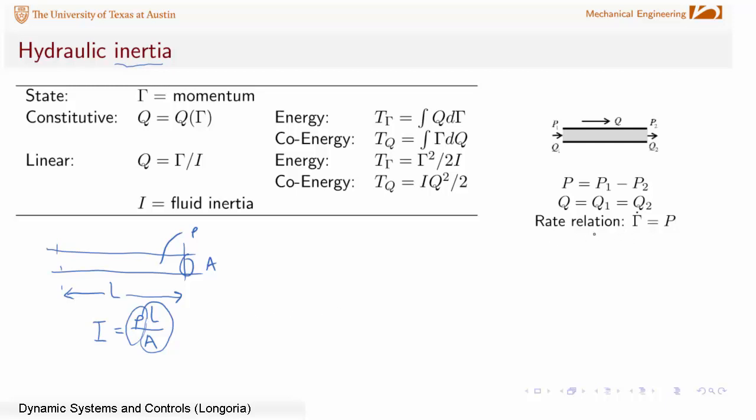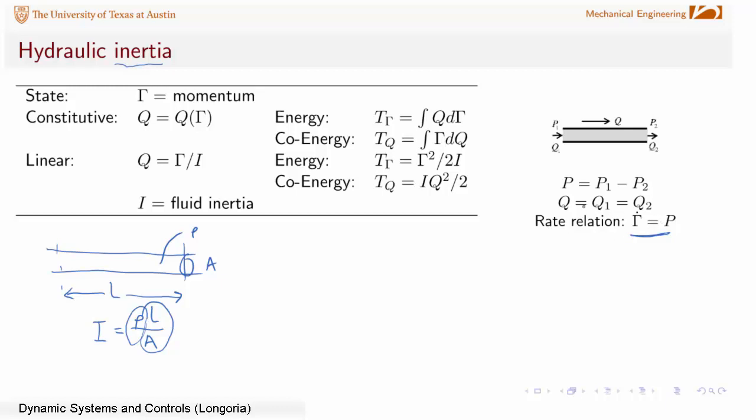The dynamic relation here, as you can see, is that the rate of change of this gamma, this gamma dot, is the difference in pressure wanting to accelerate that fluid. I'm going to show you shortly where that term comes from. Sometimes, having gone through a fluid mechanics course, this is not apparent. This is not a term that's often dealt with.